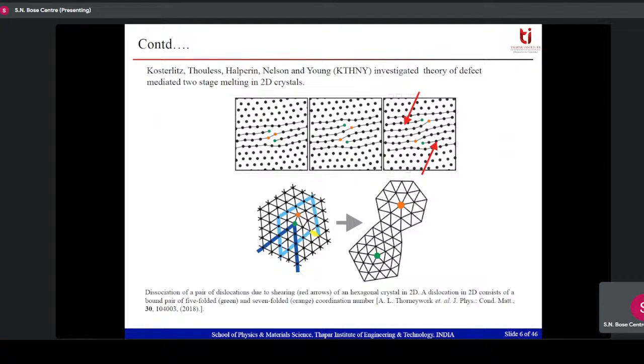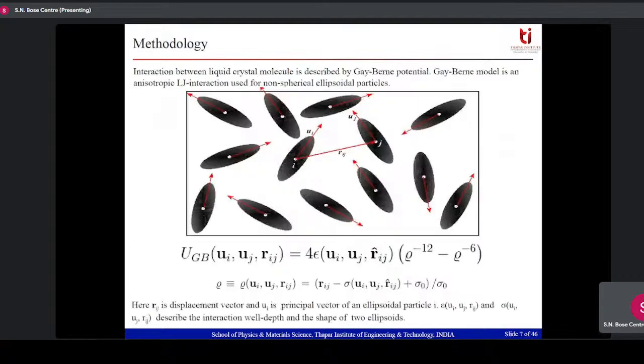If you increase the temperature more, then this dislocation will be separated into 2 independent 5 and 7 coordinated particles. So they're called disclinations. So very simple. This is the separation of a dislocation pair. This is one disclination. This is another disclination. Disclination means only 5 or 7 coordinated particles.